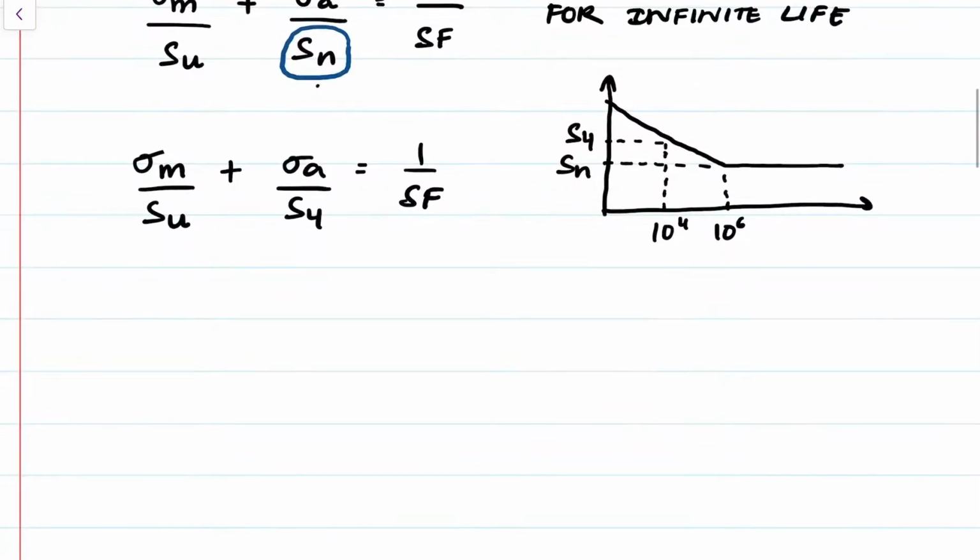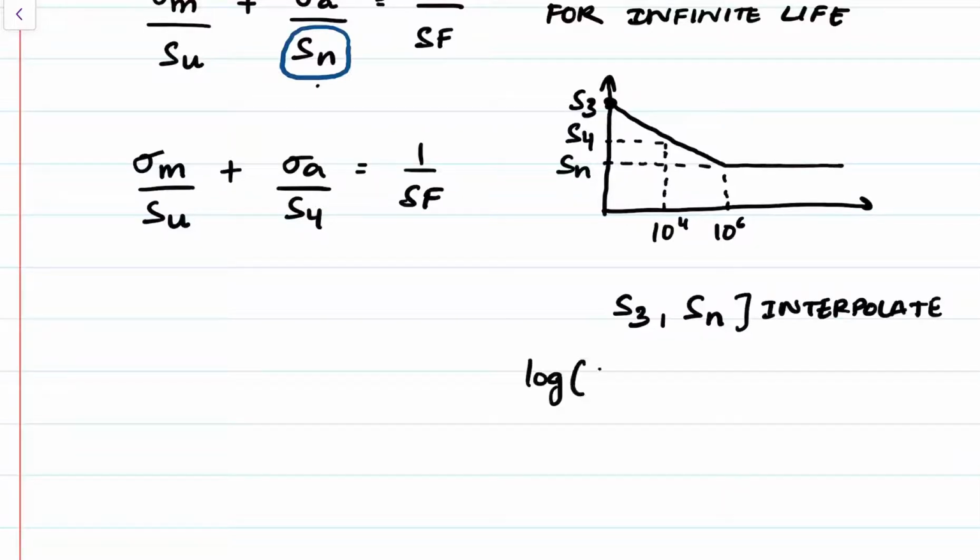And the way to find S4 would be just as we did in the first example, find S3, right? Because this value over here is S3 or S10 to the 3. S3, find your endurance limit. Even though you're not going to use it in the equation, you still need to find it because then you're going to interpolate by using the log function.